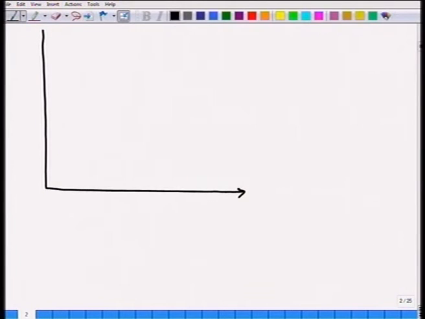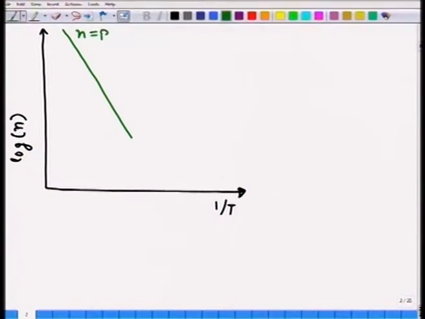Let me plot this 1 by t one more time. 1 divided by t, I am plotting on this axis, and this is log of carrier concentration, maybe log of n if you wish, in which we have, let us say, this straight line, something like this. This is the intrinsic carrier concentration. That means on this n is equal to p is equal to ni.